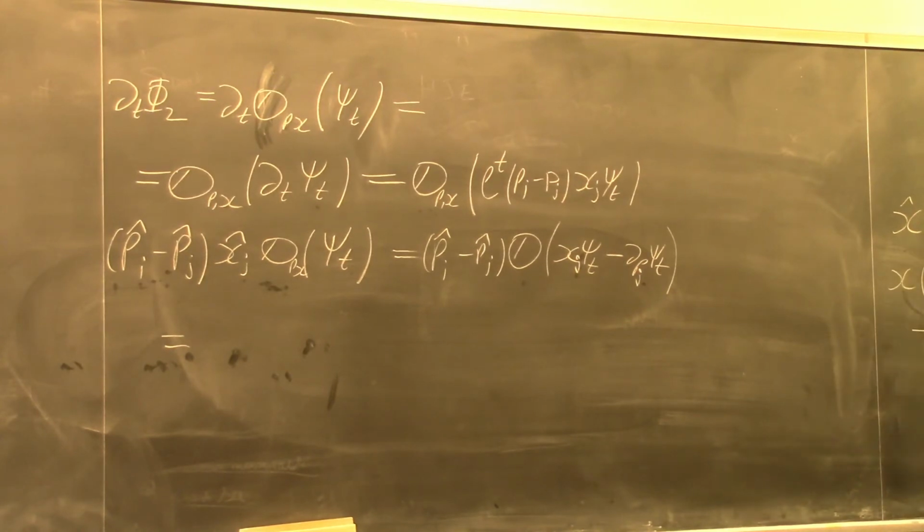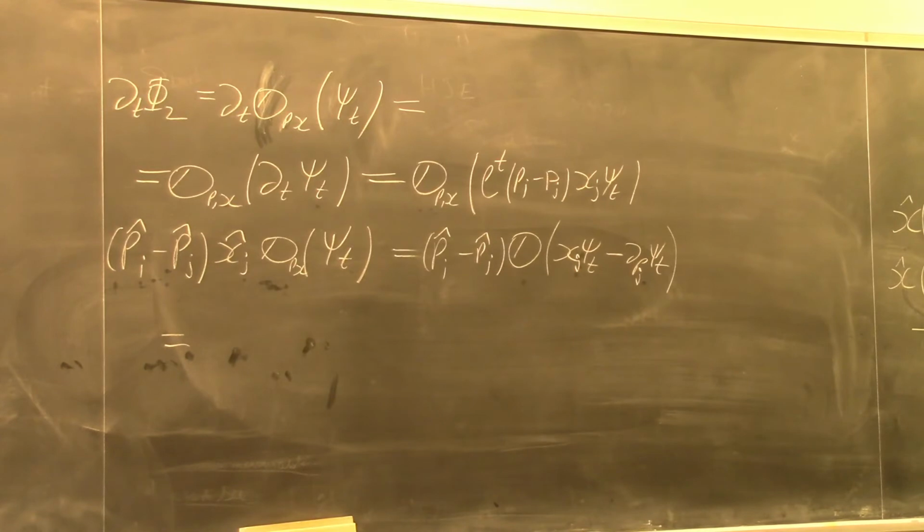Or you know what? No, let's write it this way. This is x hat times O of this. O of this, if you order a function, so suppose the function is p to the 5 x cubed. Ordering this function means that you put hats everywhere. This relation is the relation between the hatted variables.